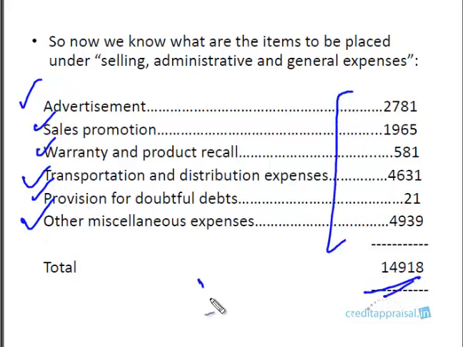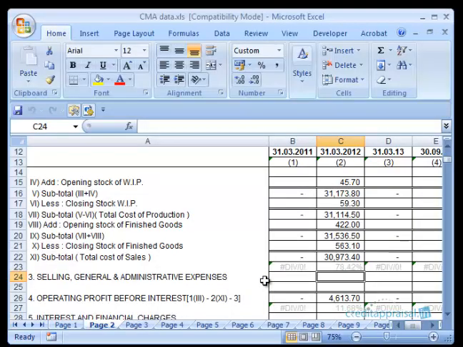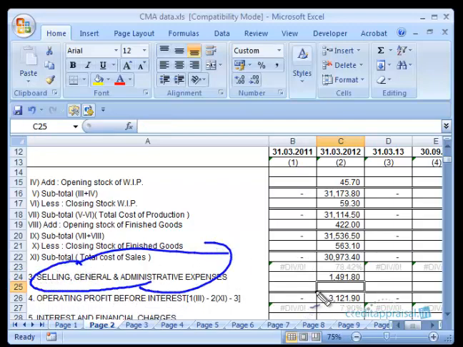That is 1491.8 crores. Okay, 14,918 million or 1491.8 crores. So 1491.8 crores we are putting under the selling general and administrative expenses, right? We have calculated the sum of 6 items, so the total is 1491.8 crores.